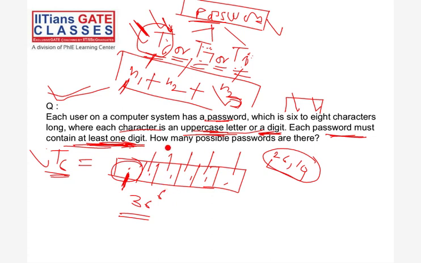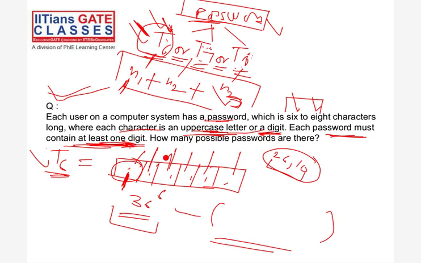This we can do by the product rule; we have already discussed this kind of question. These are the total passwords, but they also include those passwords which do not have any digit. So now we need to subtract those cases where there is no digit in the password.